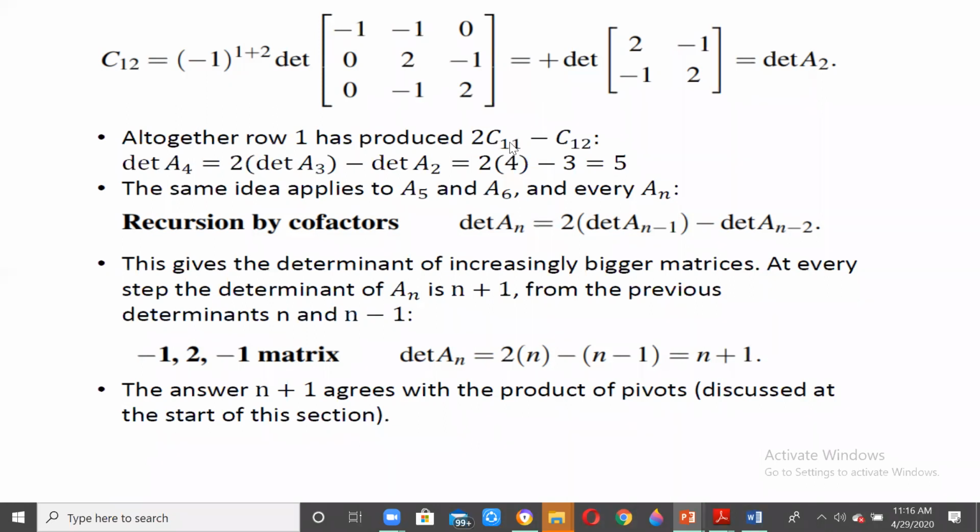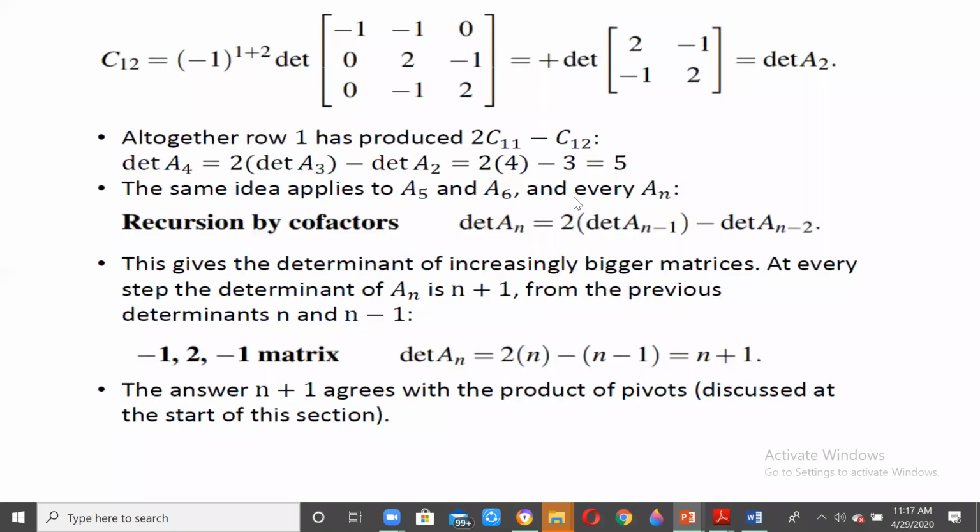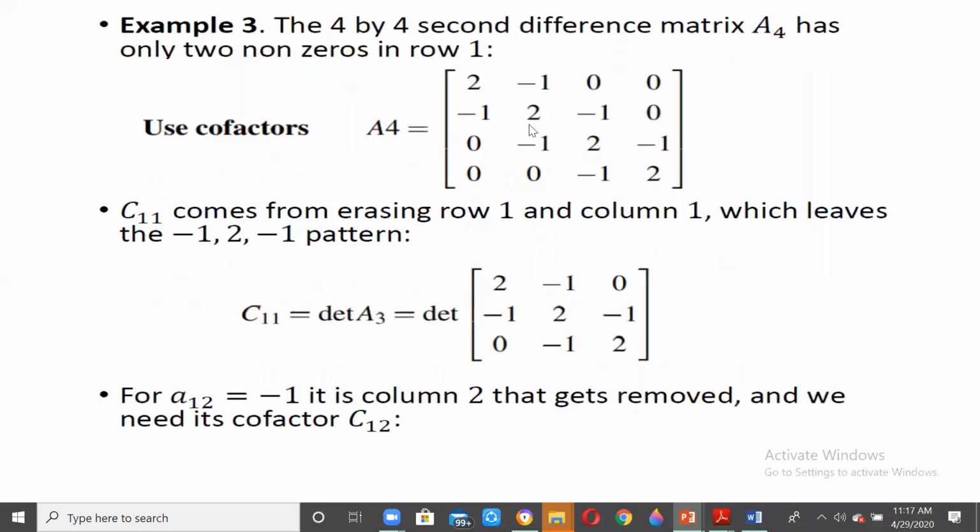2 into C11 minus: the coefficient of C11 is 2. This is only for the specific problem of the 4 by 4 second difference matrix, which is mentioned over here. And for that, the value is 2 into C11 minus, the coefficient of C12 being minus 1 over here.